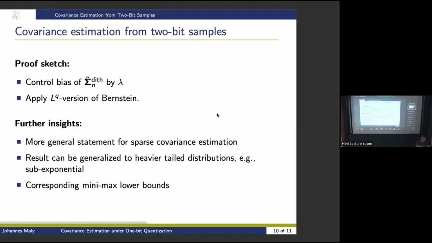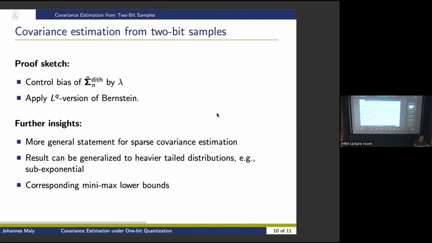Again, some additional insights. The same result we got in a more general form for masked estimation, so again, introducing sparsity as a structure. It is possible to get not only subgaussian, but also sub-exponential or even heavier tailed distributions in the result.